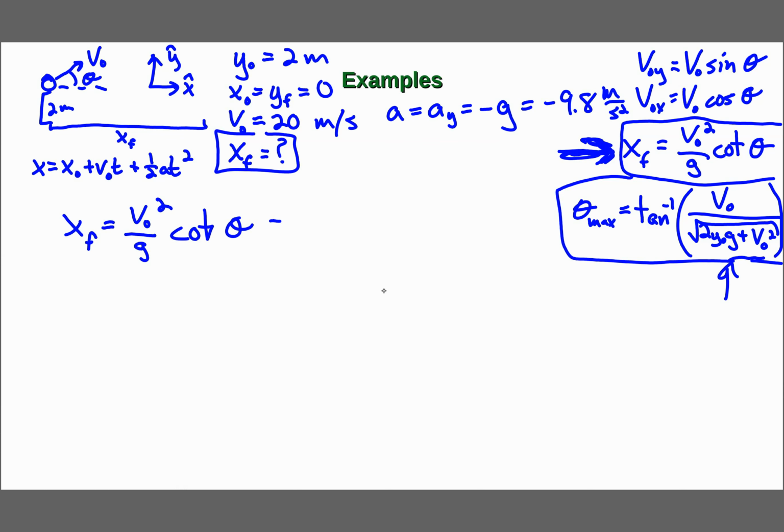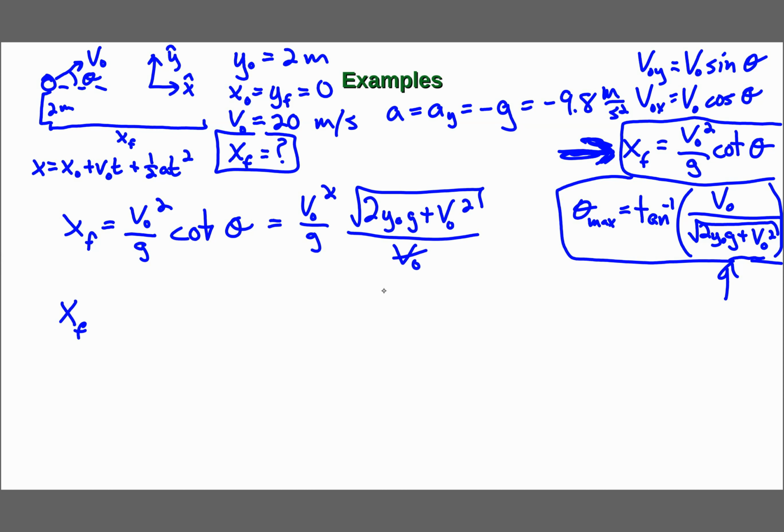So this is equal to v naught squared over g, and then times this piece, the cotangent of theta. So now this cancels and this cancels, and what I get is x f equals v naught over g times the root of 2 y naught g plus v naught squared.